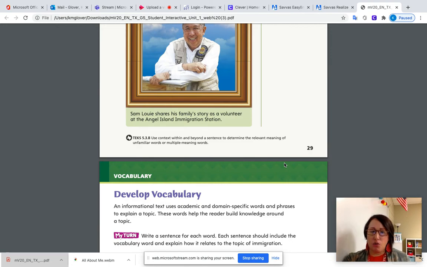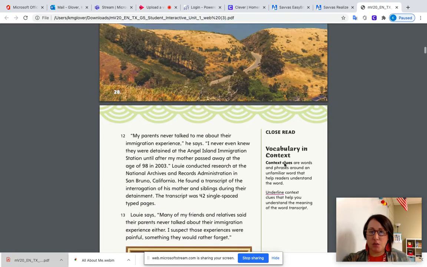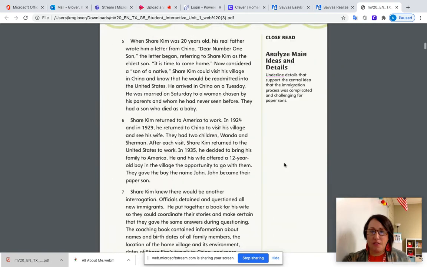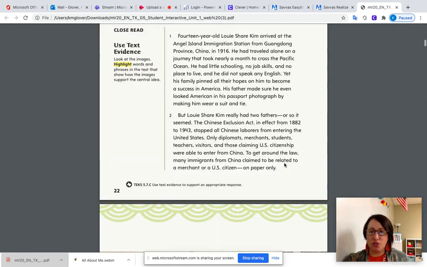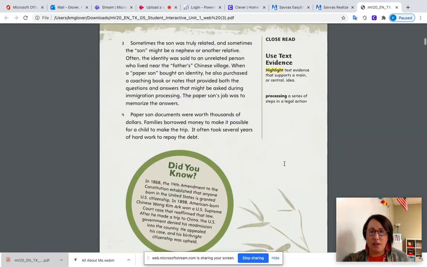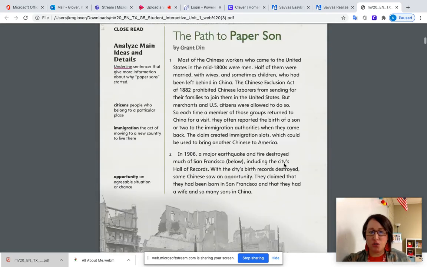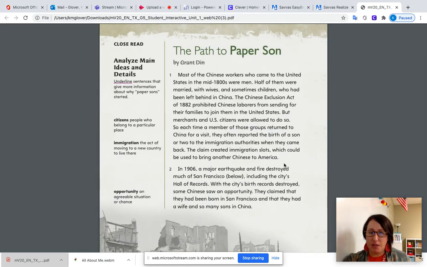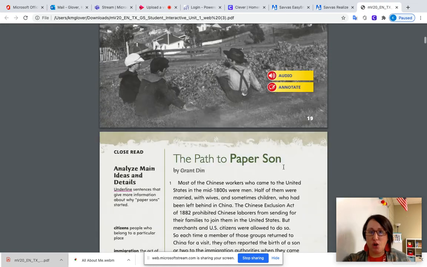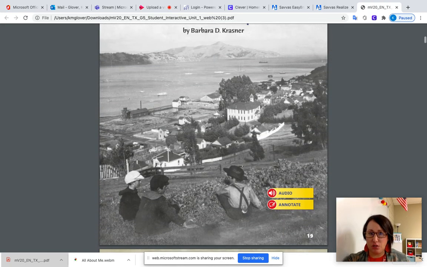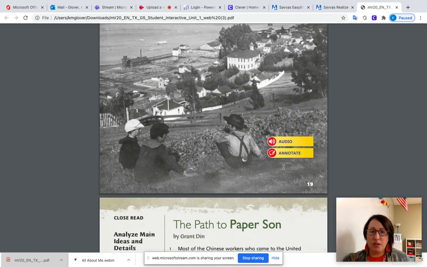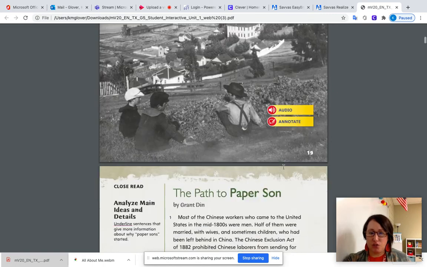Now, we're going to kind of backtrack a little bit because I want you to think of something that you have been taught to do in the past that is always helpful before you start reading any type of text, but especially one that you know you're going to learn a lot of information. Okay. So we need to preview these text features.